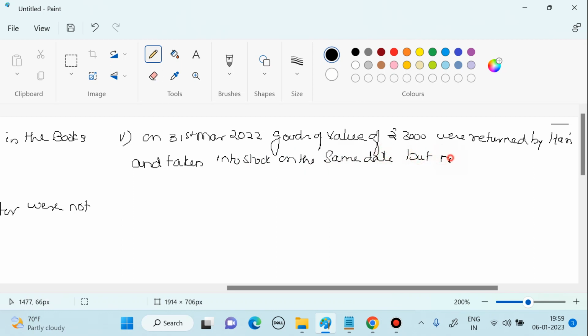But no entry was passed in the books. So only thing that happened was while recording, you forgot to pass the entry. You took the goods from Hari, said okay, put it into the stock along with the other stock. Then you should have opened the accounts book and passed the entry, which you did not do.